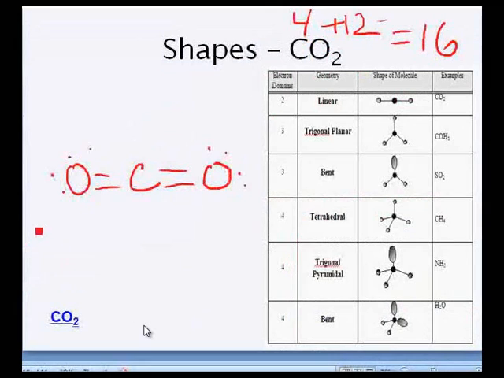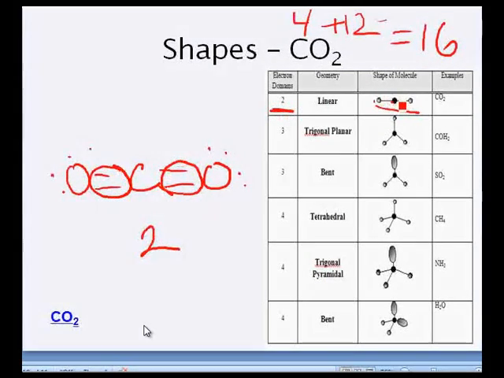That's the Lewis structure for carbon dioxide. Now I want to count the number of electron domains around my central atom, which in this case is carbon. This double bond counts as 1 electron domain. This counts as 1 electron domain, so I have 2 domains. So in this case, there's only one choice. This is a linear molecule. Carbon in the center, oxygen on each side.